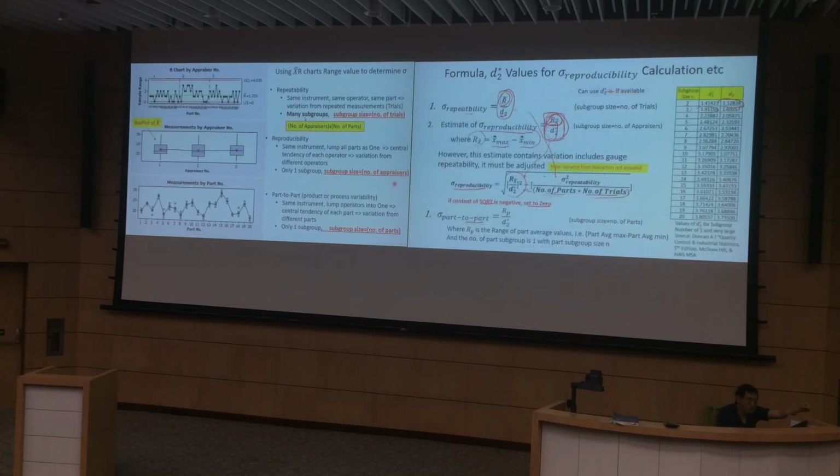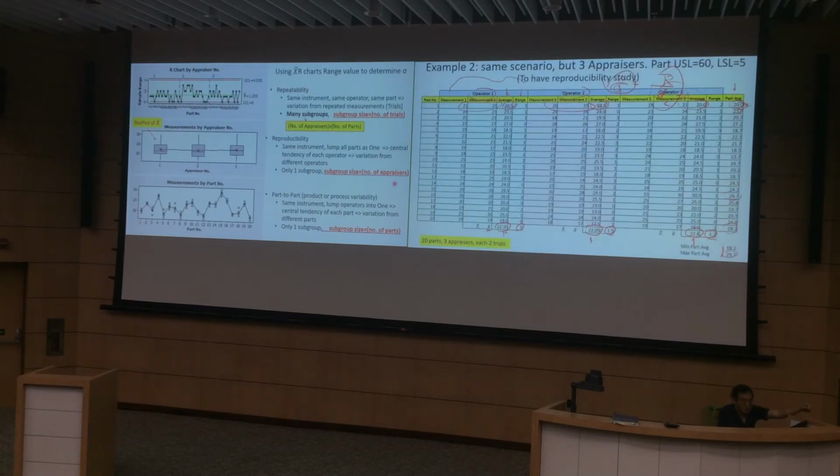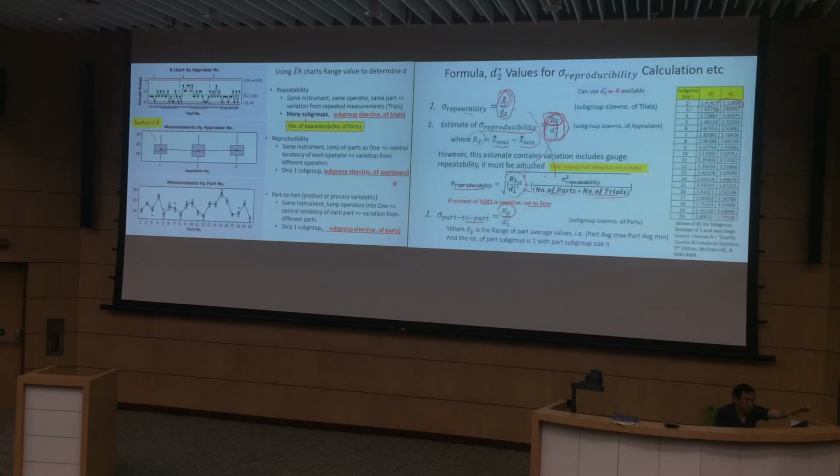So in this case, this is equal to the max minus minimum, over D2 for 20 parts. We have only one group, so we use D2 asterisk for parts. So you look at that, this is a number, then you can plug in.